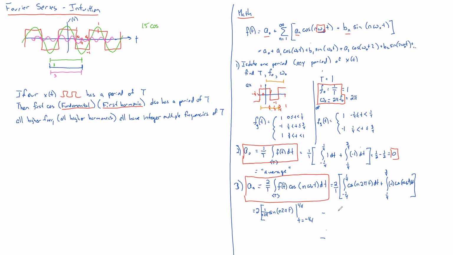So we're going to subtract, and it's going to be the same thing over here otherwise. 1 over n 2 pi sine of n 2 pi t evaluated between t equals 1/4 to 3/4. And skipping the algebra, it'll all boil down to 4 over pi. To find a sub 1, when we substitute in 1 for n, it becomes 4 over pi.